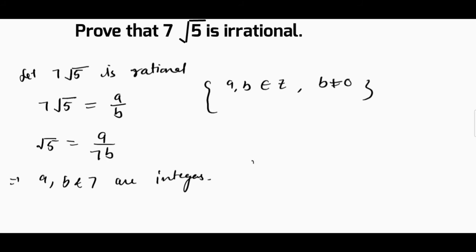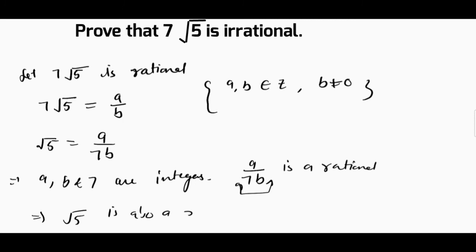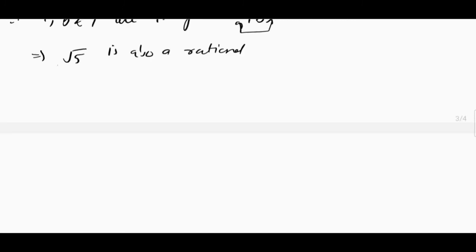So it means A upon 7, A divided by 7B, is a rational number, correct? But if this is a rational number, then this implies square root of 5 is also a rational number. And here we can prove that square root of 5 is an irrational number, as we prove the irrationality of square root of 2.